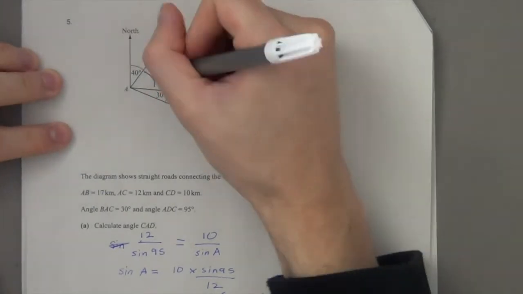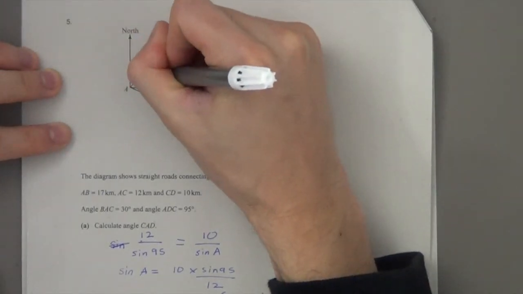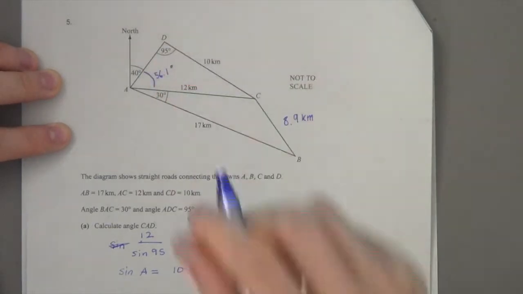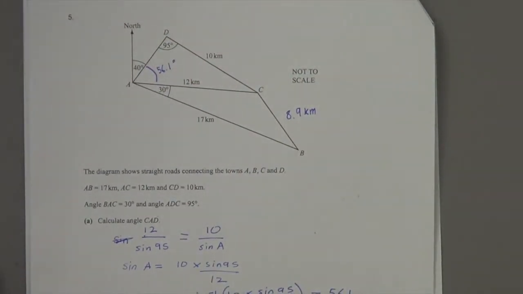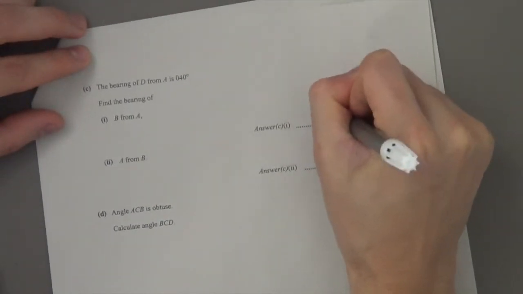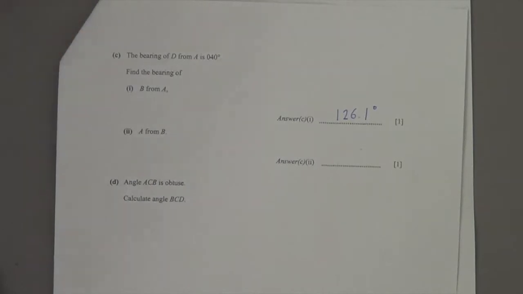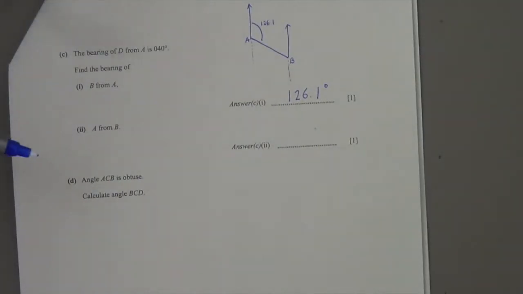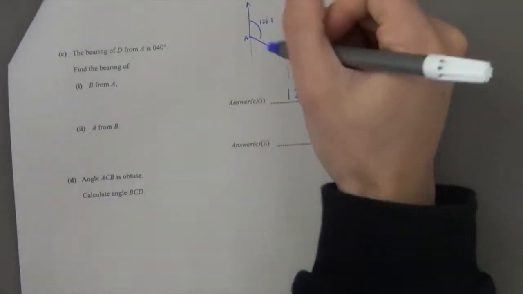This angle we worked out was 56.1 degrees, so we just need to add them together. 40 plus 30 plus 56.1 gives me 126.1 degrees. So the answer is 126.1 degrees.